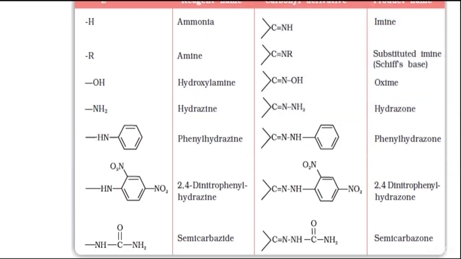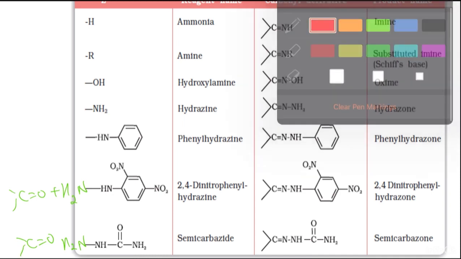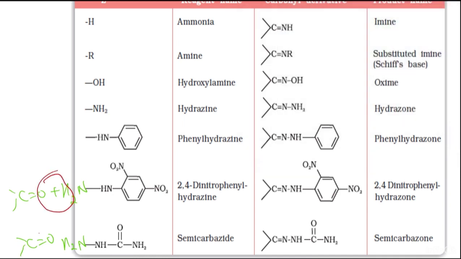The last 2 here, same way, you will put NH2 here for yourself, carbonyl group here, same way NH2 here and carbonyl group here. Remove H2O.